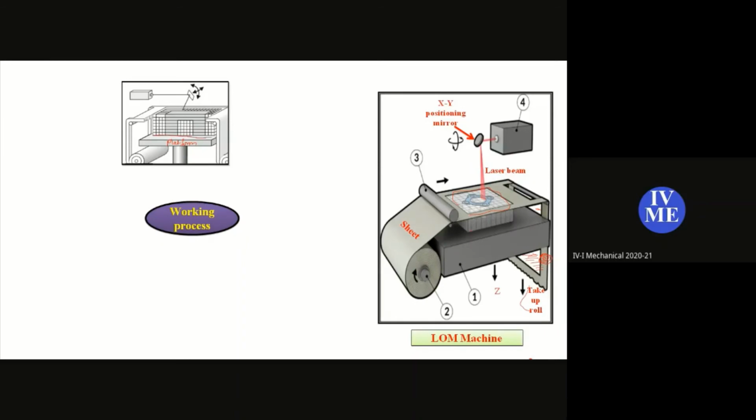This is the first layer of the sheet. This sheet is positioned on the platform, and we apply a roller on this sheet. That roller gives an adhesive nature to the layer, and it sticks to the other layer.